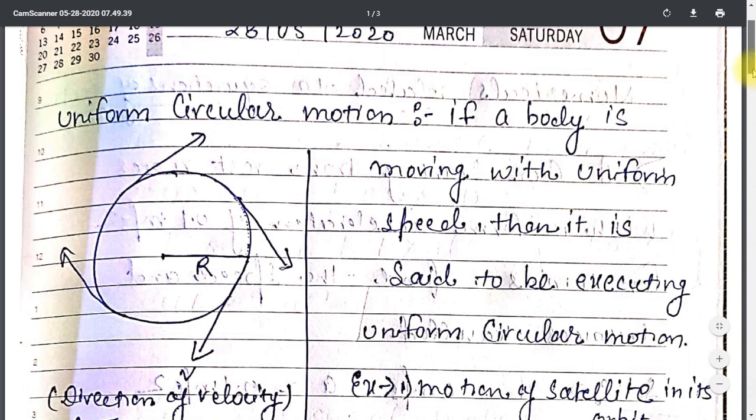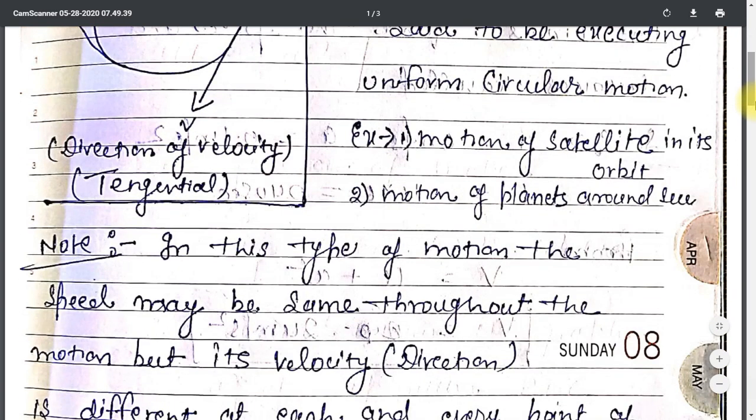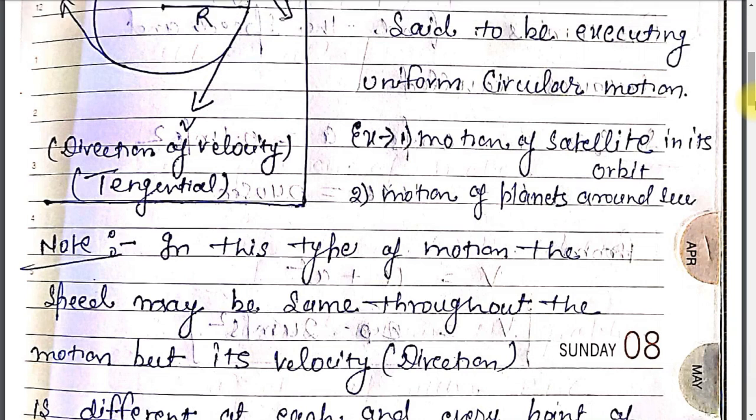We have many examples in our day-to-day life related to uniform circular motion, that is, motion of a satellite in its orbit, and secondly, motion of the planets around the sun. That means all the planets moving around the sun have a type of uniform circular motion.